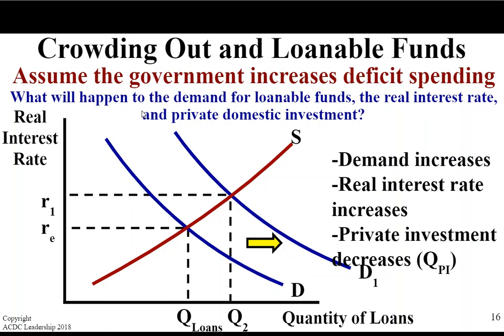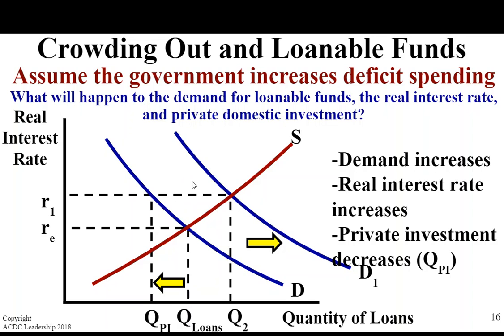And with the real interest rate increasing, private investment decreases. So that gap here is the difference between what the government is taking out. They're demanding this much more. And so that reduces the quantity that the private investment is going to get. It's sort of being crowded out.